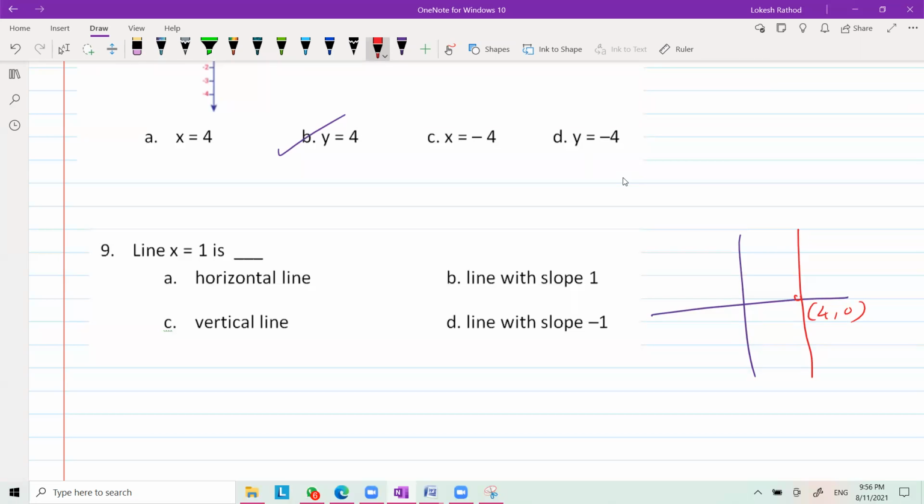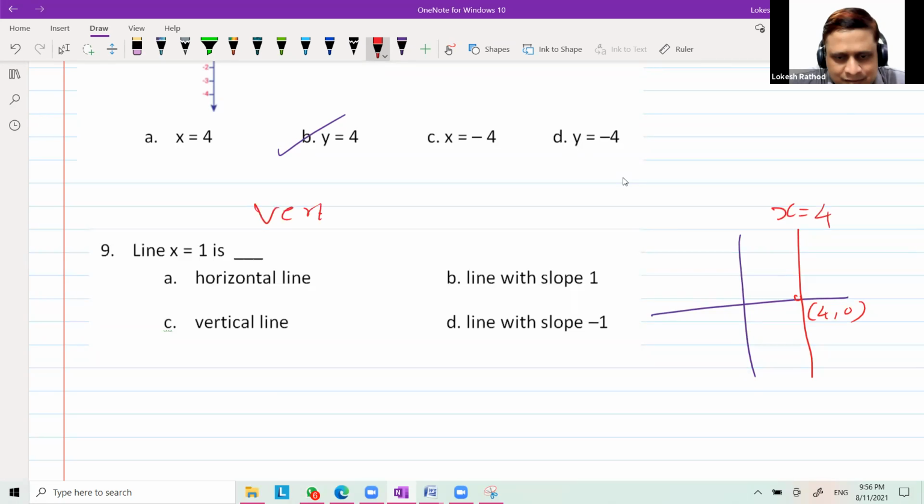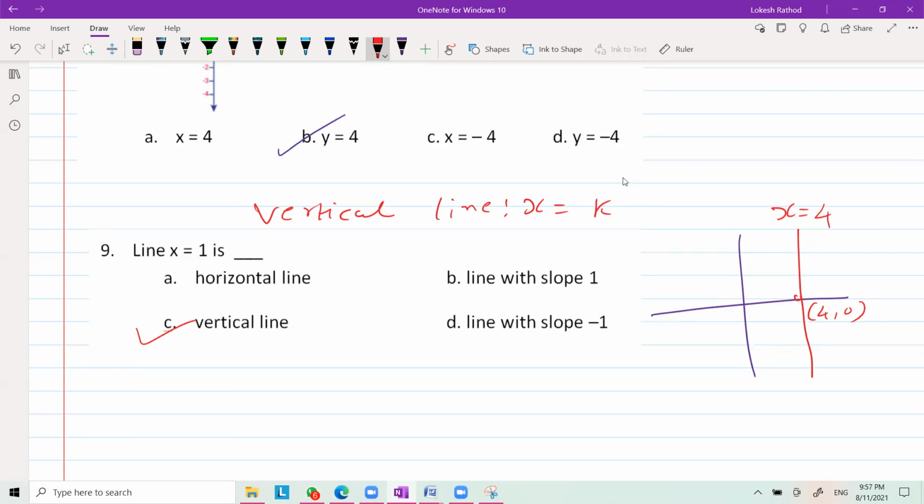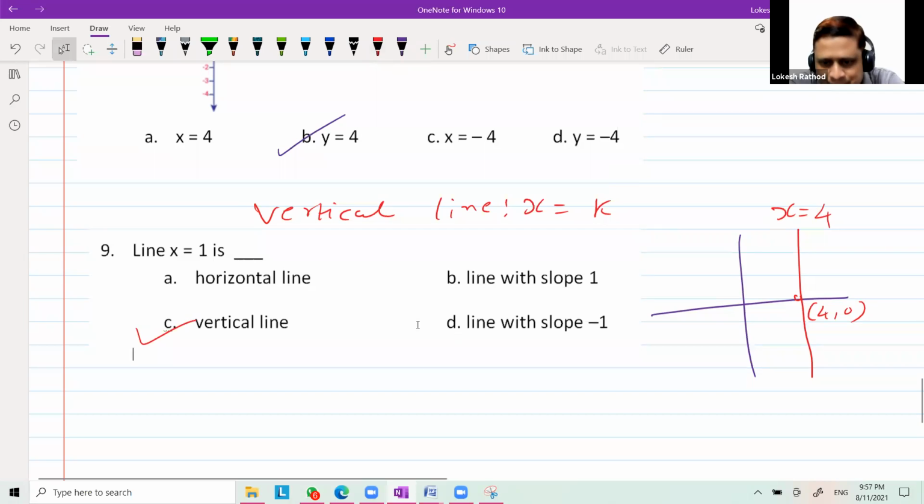So a horizontal line is y equal to constant, and a vertical line is x equal to constant k. But since it's passing through (4, 0), that is why it is x equal to 4. Okay. So it's a vertical line. Its slope is not 1, and its slope is neither minus 1. It's a vertical line.